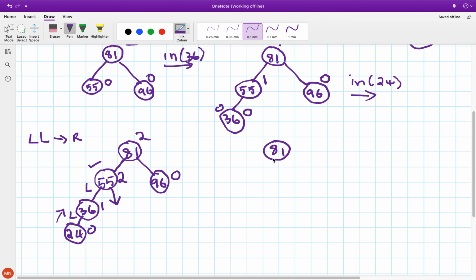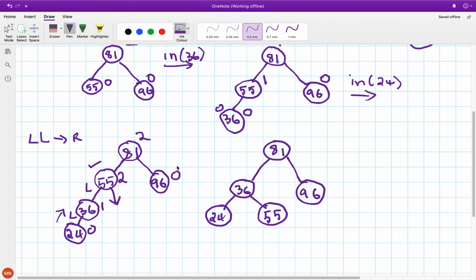Then this link is connected to 36 instead of 55. Now 36 has a child 24. Now this 55 will be on the right side of 36. Now we have the number 96 on the right.